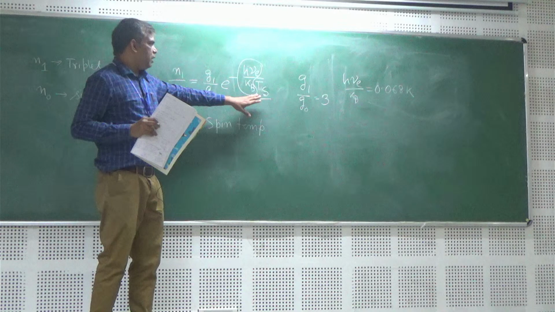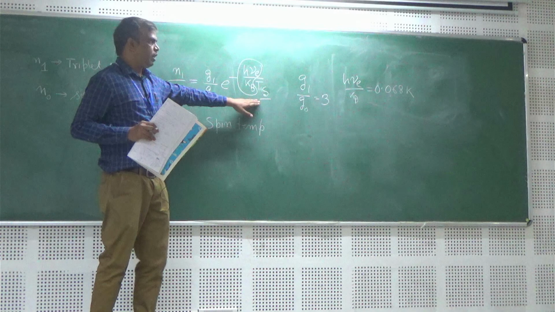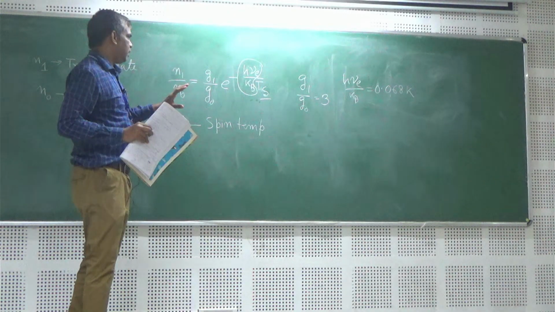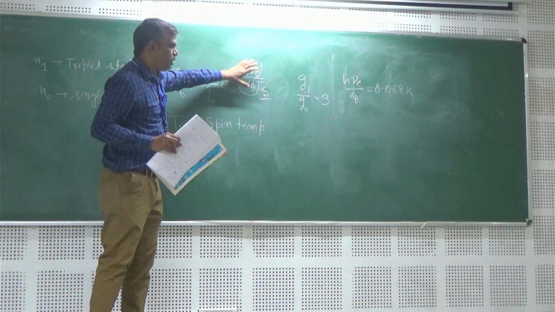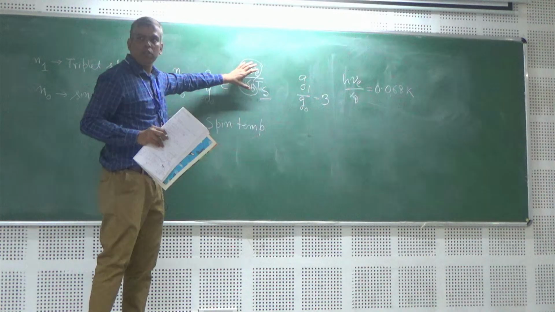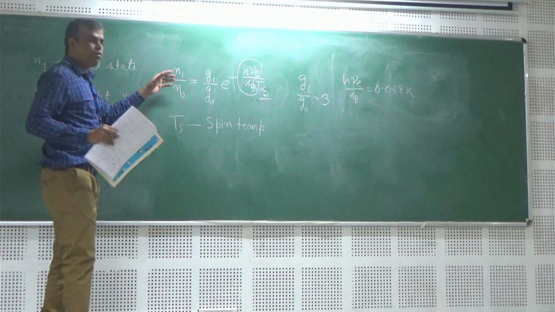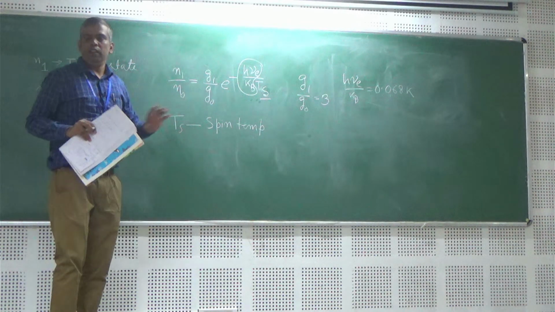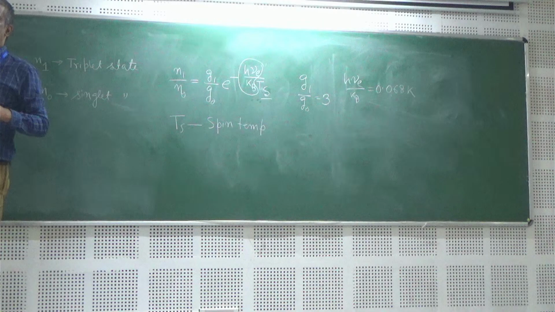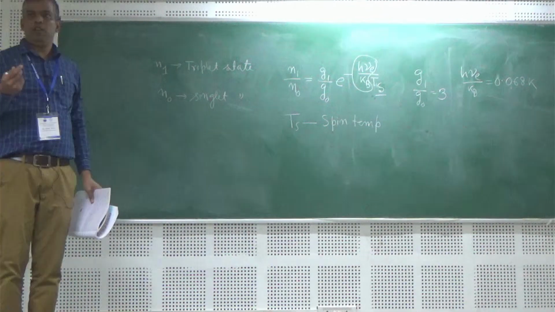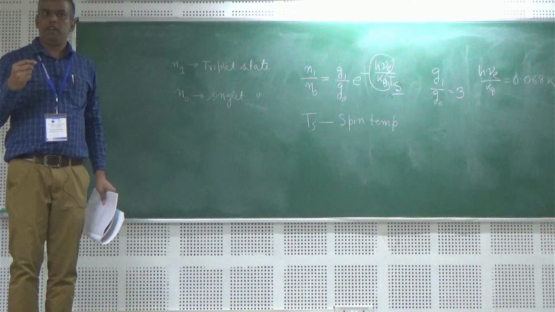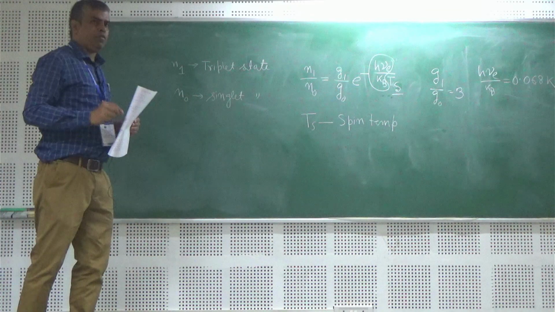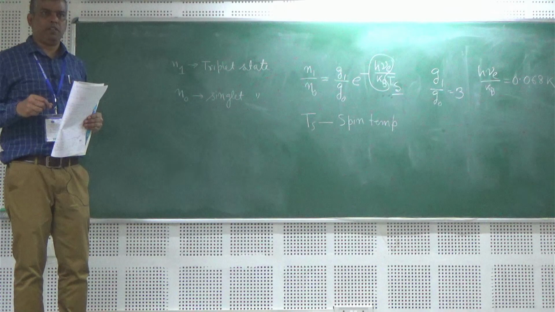Now, if spin temperature is much larger than that value, let's say 10 Kelvin or 100 Kelvin, then the exponent is very close to 0, and this ratio would be G1 by G0, that is 3. That means 75% of ground state neutral hydrogen atoms will be in the triplet state and 25% will be in the singlet state.